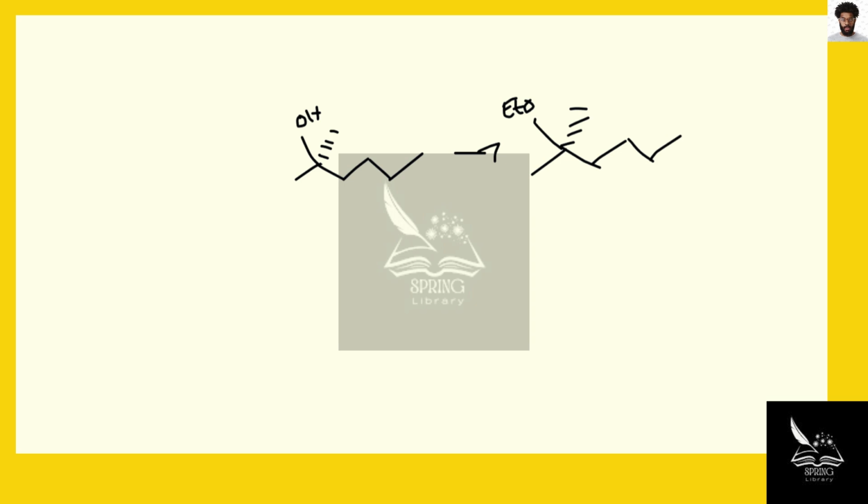And so there's two ways to do that. The first way is to treat the alcohol with sodium hydride, which will act as a base to deprotonate the alcohol. Right.